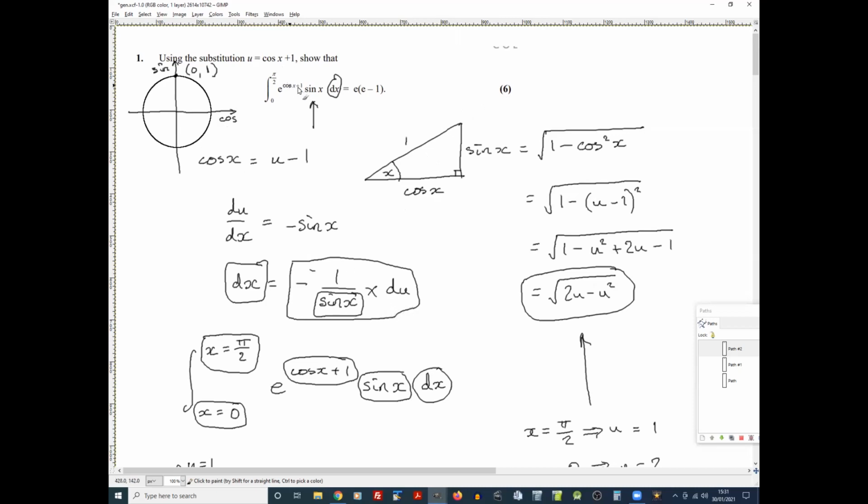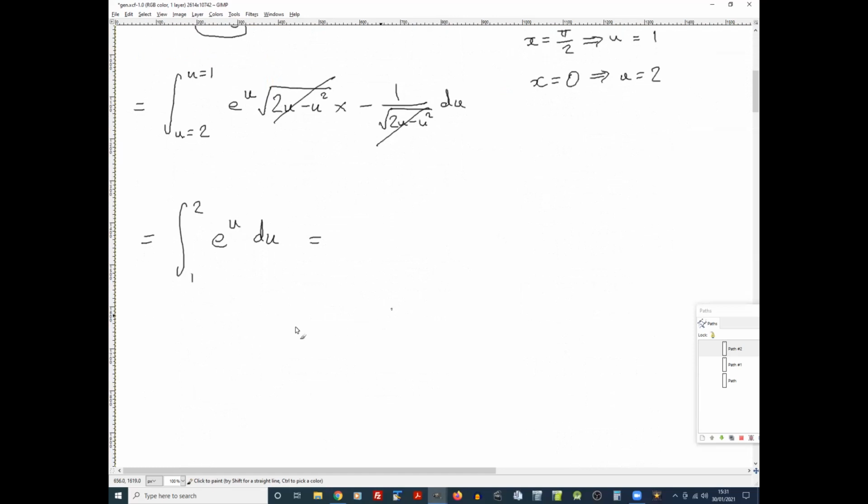But the quick u substitution way would be as follows. Here's how people would do it. If you're looking at that thinking, well, that seemed a bit complicated, we're saying, starting with the integral from 0 to pi over 2 of e to the cos x plus 1, sine x dx, people would go as follows.